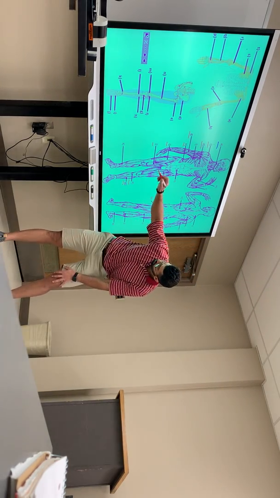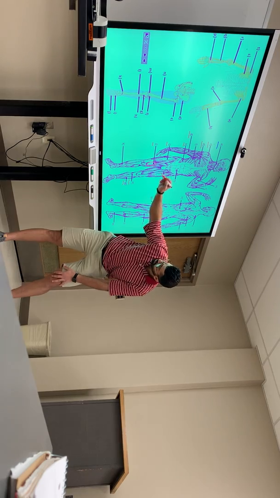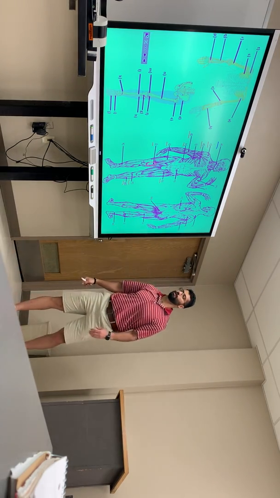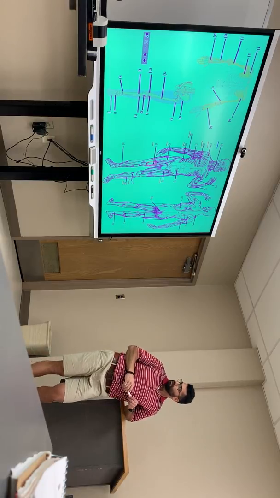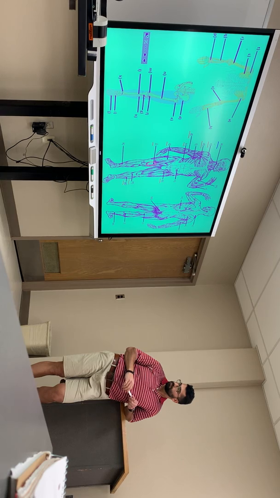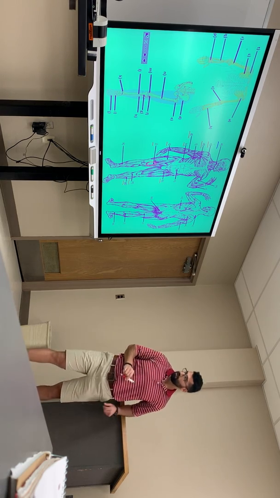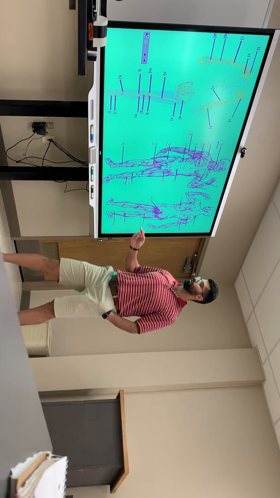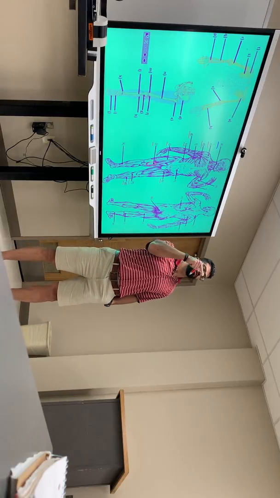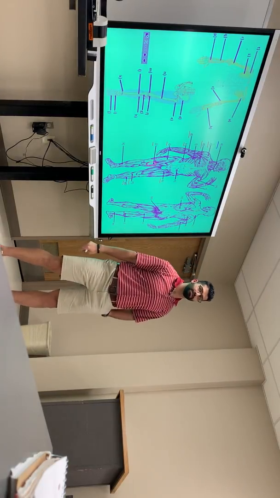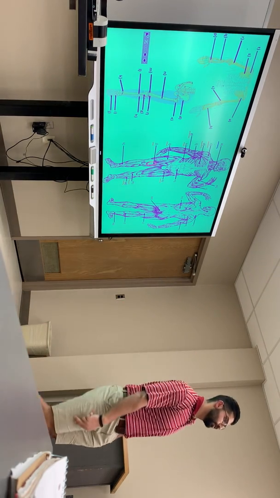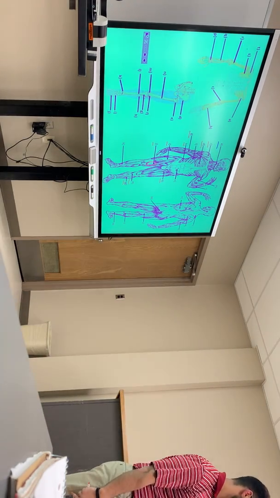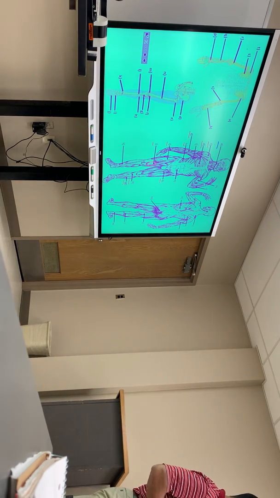You guys see it looks like a teardrop here? What was J again? Yeah, vastus medialis. And the one that's across the hip and the knee joint, that's the rectus femoris. Rectus femoris is the one in the middle.